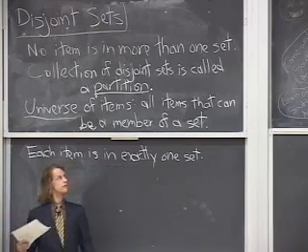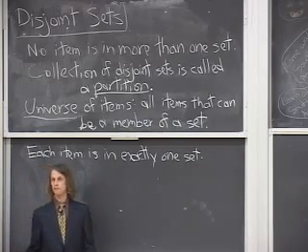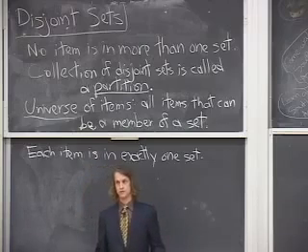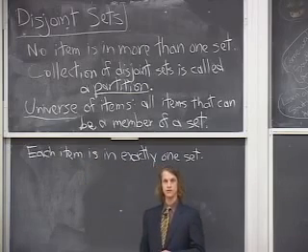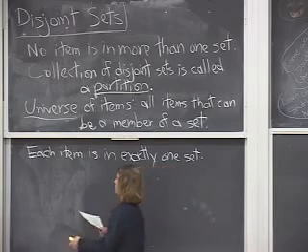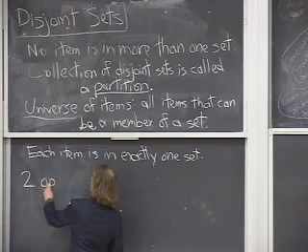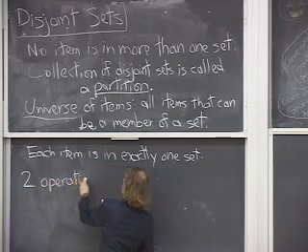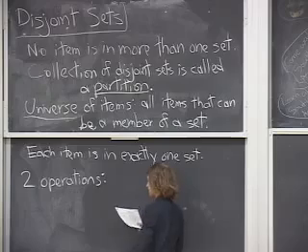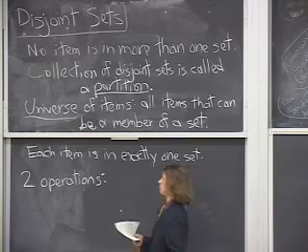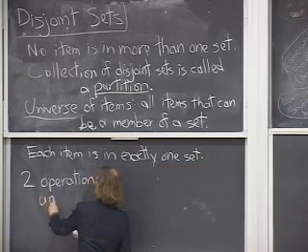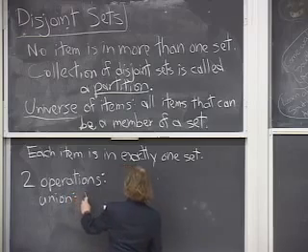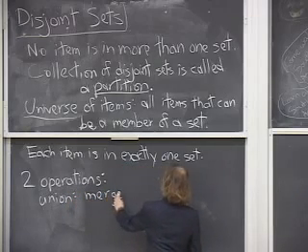Now, our data structure is going to more or less limit itself to two questions, or at least two kinds of queries that we can do very quickly. So the main two operations that a disjoint set data structure supports is the union operation, which merges two sets into one.